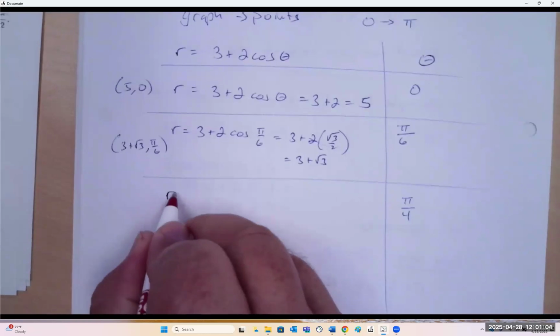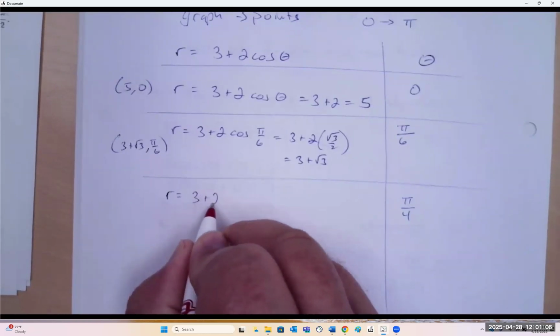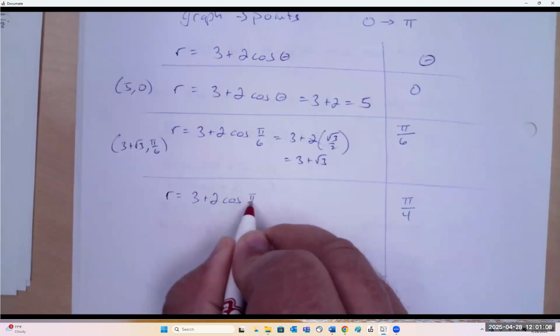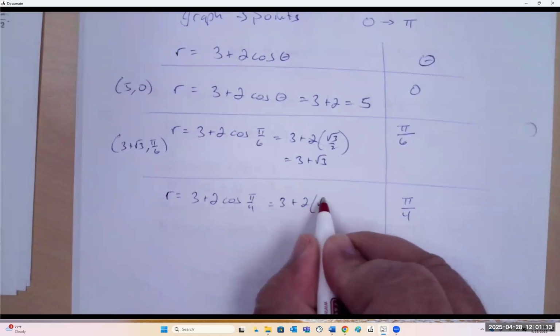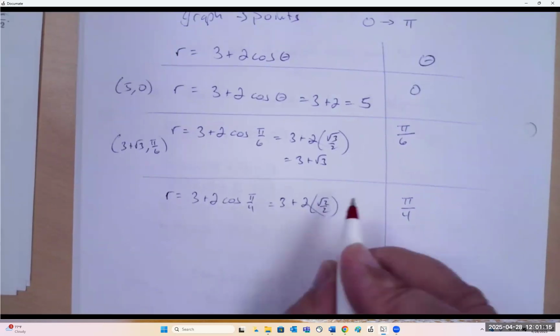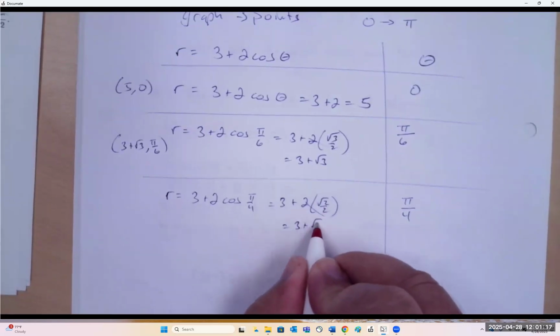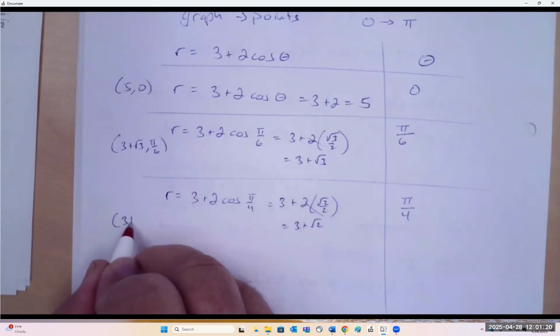Pi over 4. 3 plus 2 radical 2 over 2, which is 3 plus radical 2.